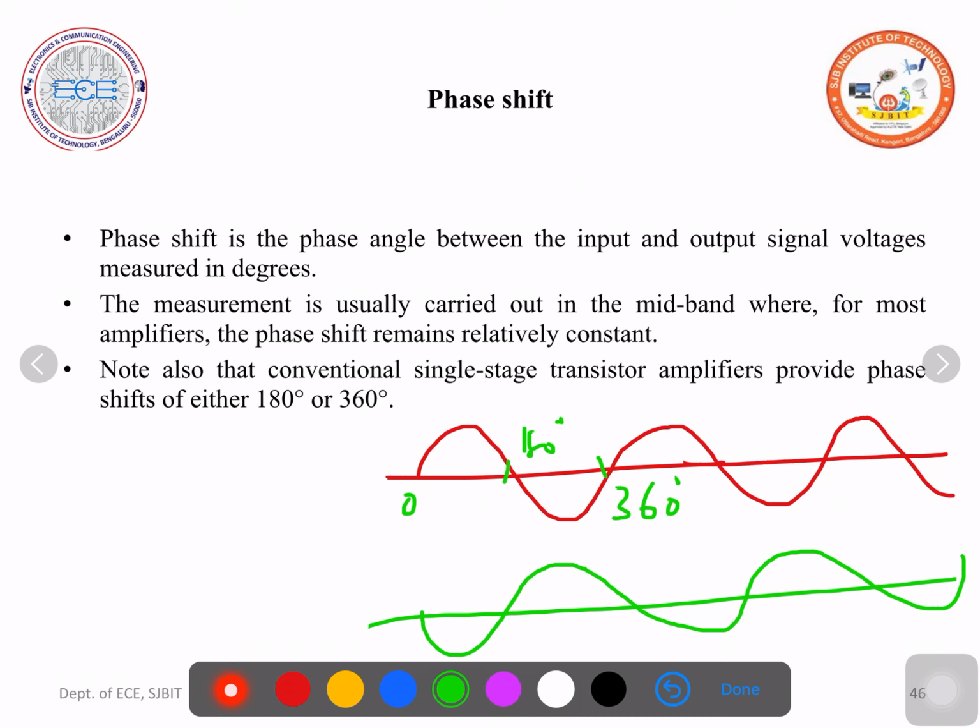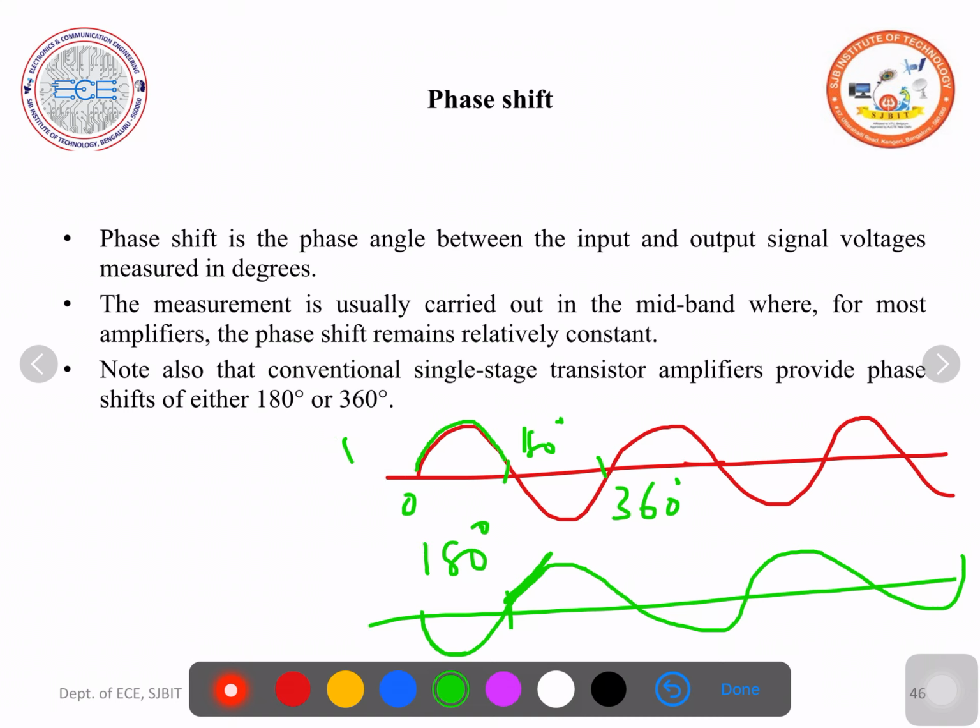Here the signal rises, but here the signal is falling, and here the signal starts to rise. The phase angle between this and this is 180 degree. Between the input and the output there is a 180 degree phase shift.